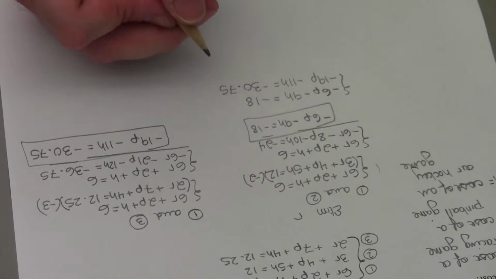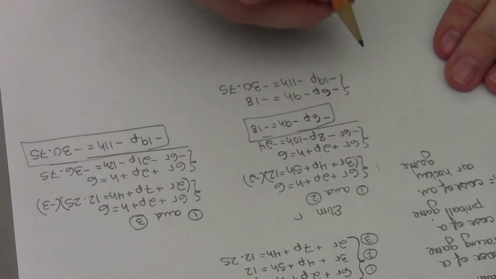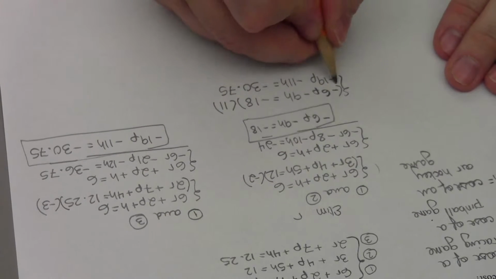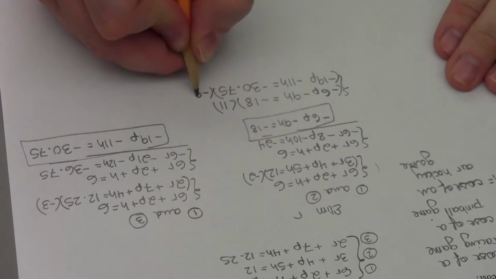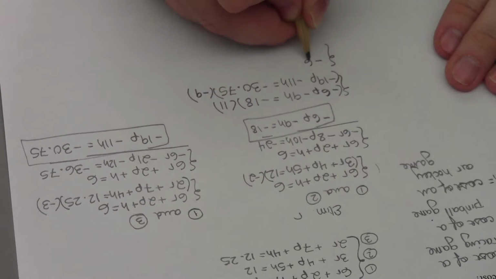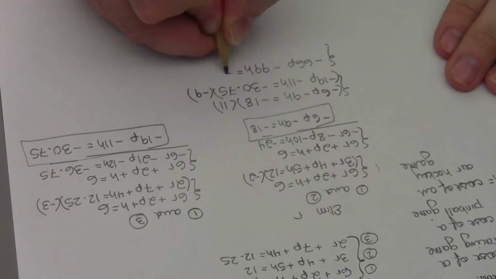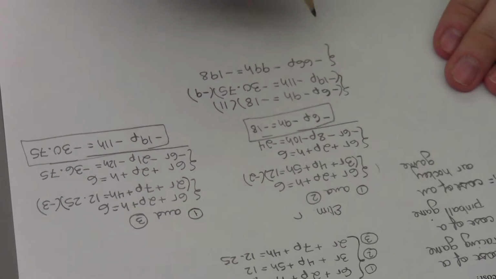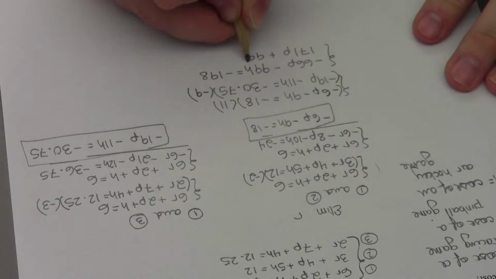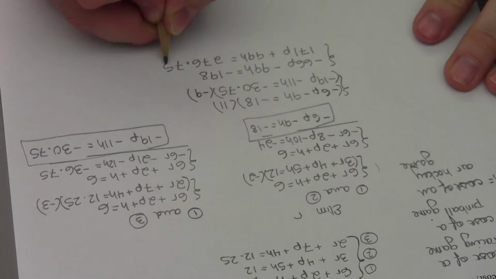Unfortunately, there's really nothing great to eliminate here. I think it might be a little easier to go with the h's, so to do that I'm going to multiply my top equation by 11 and my bottom equation by -9. When I do that, I get -66p minus 99h equals -198, and the bottom equation is 171p plus 99h equals 276.75.